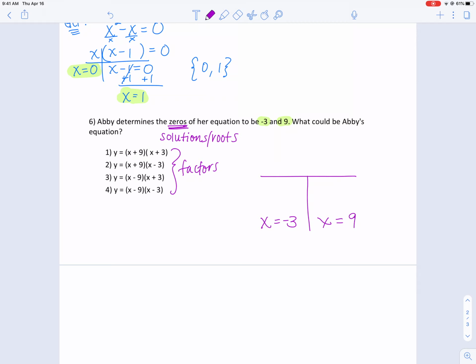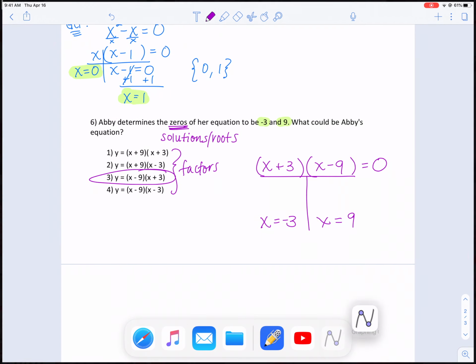So think about this. What did her factors have to be? Hopefully you know it's the opposite sign. So inside here it should have been x plus 3. And up here it had to have been x minus 9. That should be what you're looking for. Minus 9, plus 3, there's your answers. And let me show you how you're going to check.